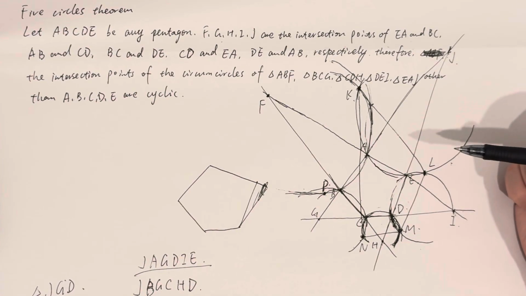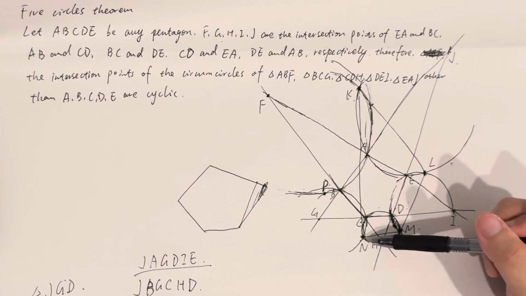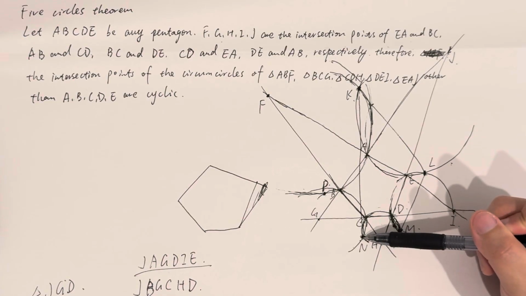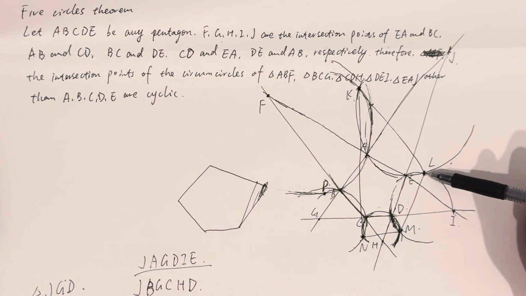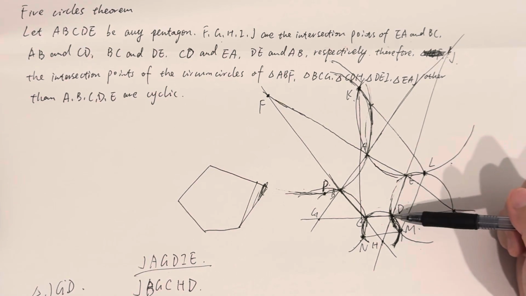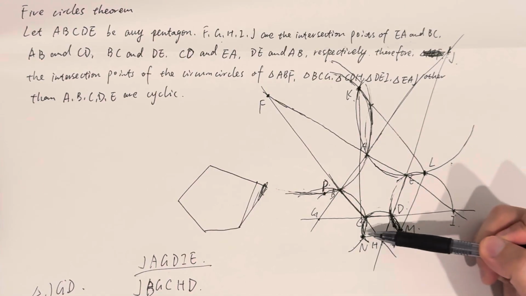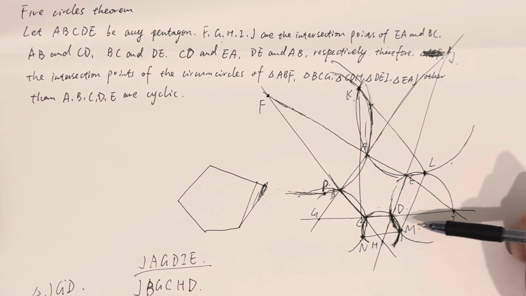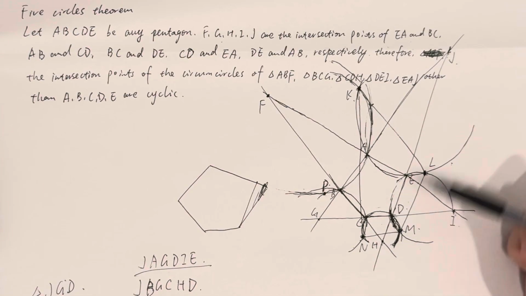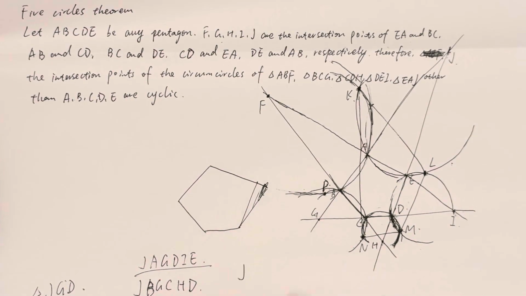Right, the question is that can we prove K, N, and L are cyclic? So we already know that the point N and the point L, and J, G, N, D, L, these 5 points are cyclic, right? Let me write it down.